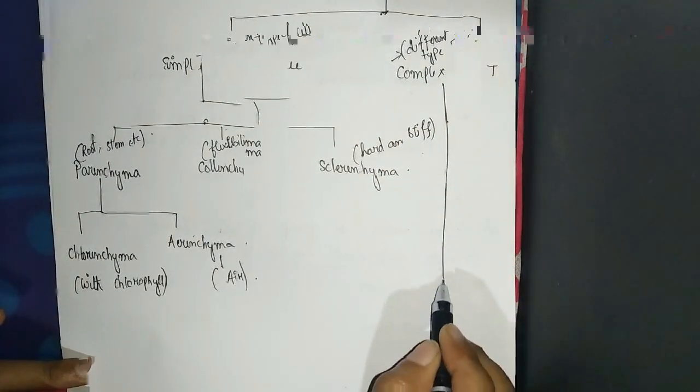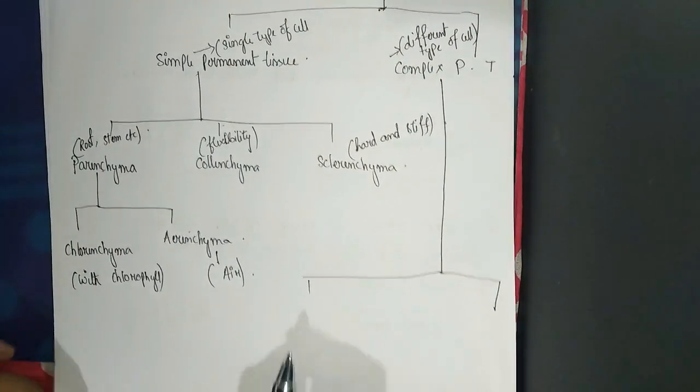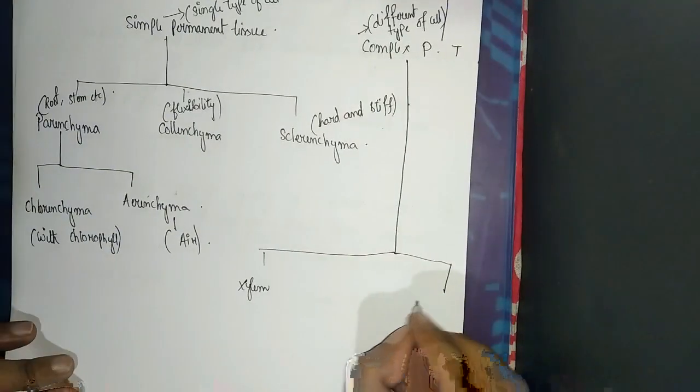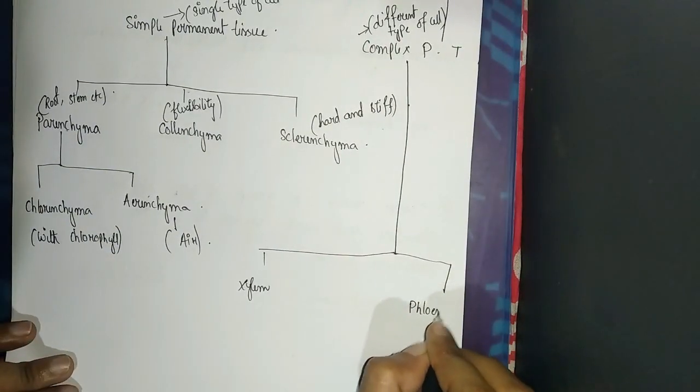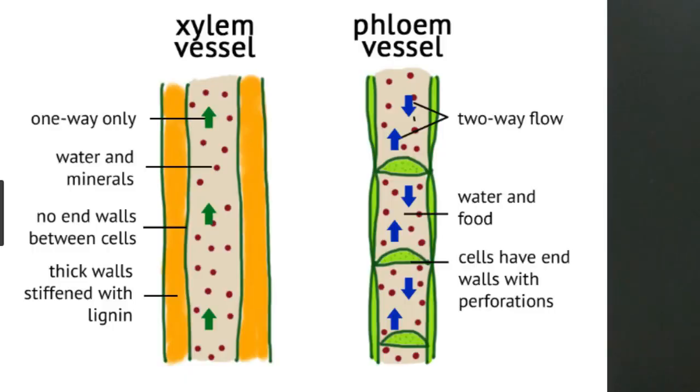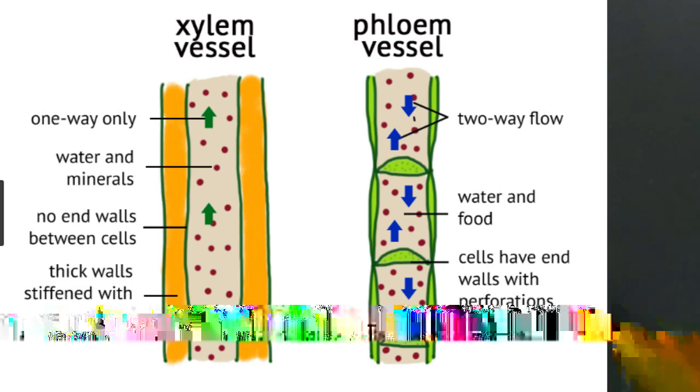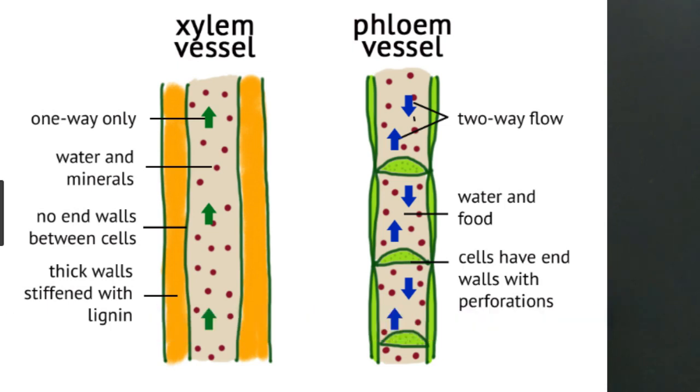Let's come to complex permanent tissue. This complex permanent tissue is again divided into two parts, that is xylem and phloem. Xylem helps in transportation of water and minerals, and phloem helps in transportation of food from leaves to different parts of the plant.